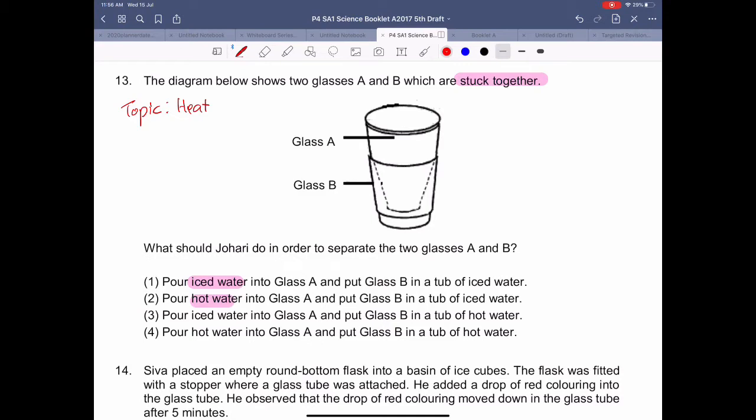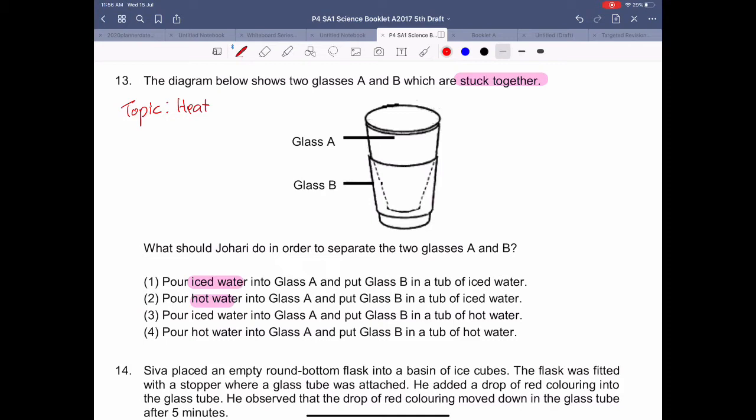Under the topic of heat, there are a few concepts: measurement of temperature, heat transfer, expansion and contraction, and also poor and good conductors of heat. Looking at this, I can narrow it down that in order to separate the two glasses, one must become bigger, while the other must either remain the same size or become smaller in order to remove the two.